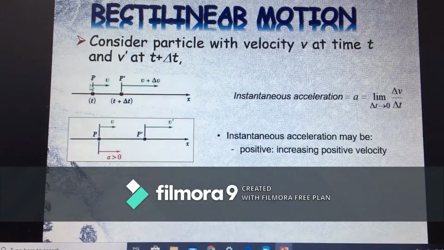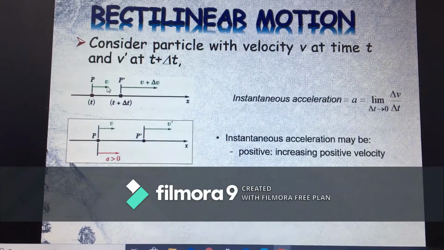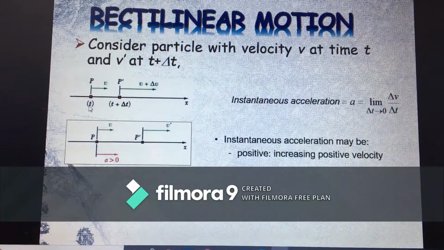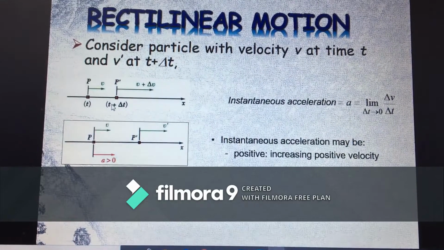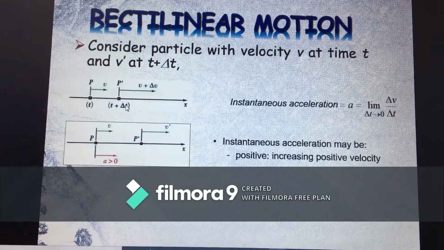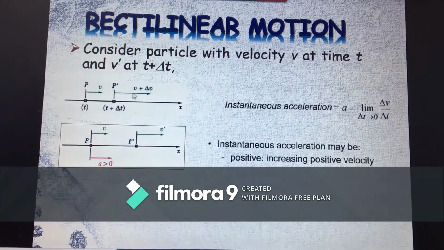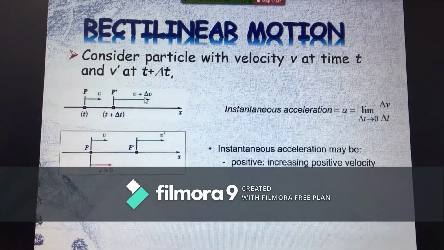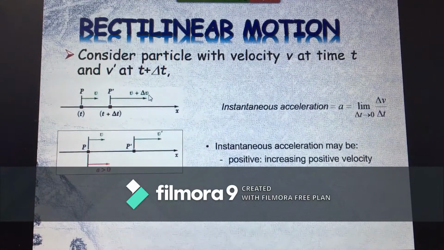When you speak of velocity, that is the change of the distance traveled with respect to time, right? Then this is at time t. Now at time t plus delta t, meaning time goes by, the velocity now increases. So we have the velocity of the particle increases, v plus delta v.